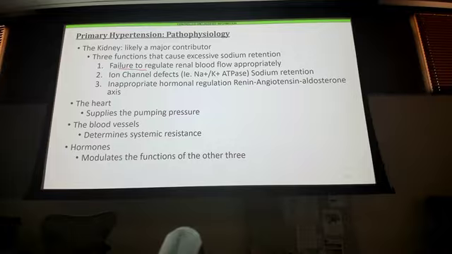The kidney is going to perceive that the blood pressure is low, so in a self-preservation mode, it's going to act by trying to raise the blood pressure to improve that blood flow to the kidney. You could have ion channel defects, which could be a genetic thing going on, or it could be inappropriate hormonal regulation. So there's a hormonal problem, whether it be like thyroid, that's causing blood pressures to be elevated.